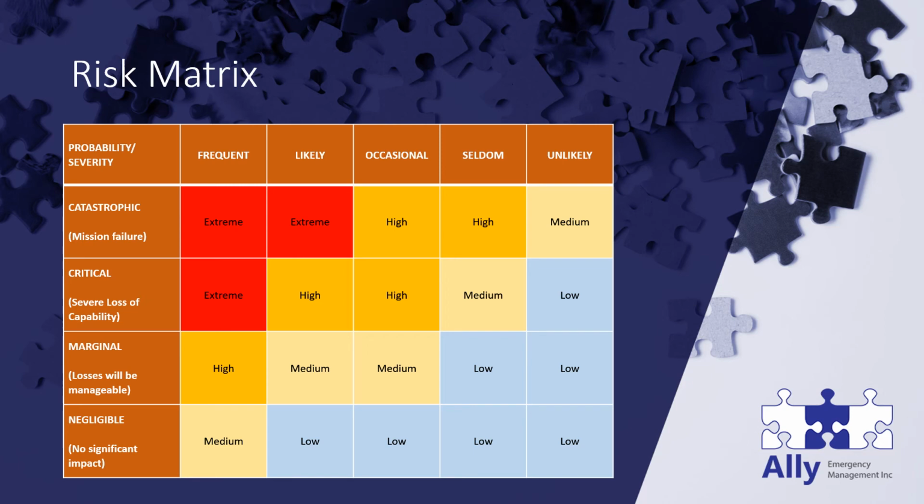Might be based on time delay for a project, might be based on money. A lot of them are. The point is, you take a look at the intersection of the probability and the severity, and based on what's going on in that particular box, that would drive how you do your risk mitigation or your risk management.